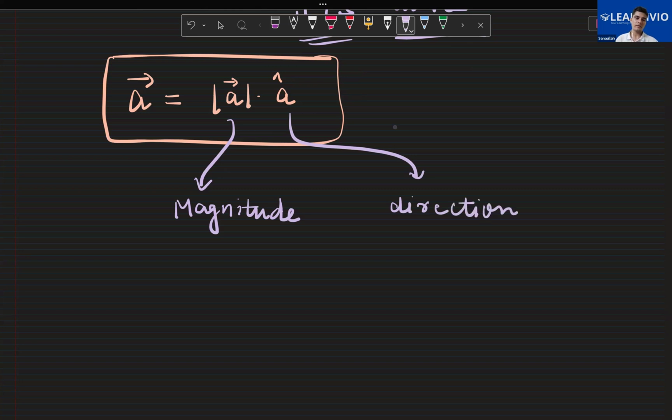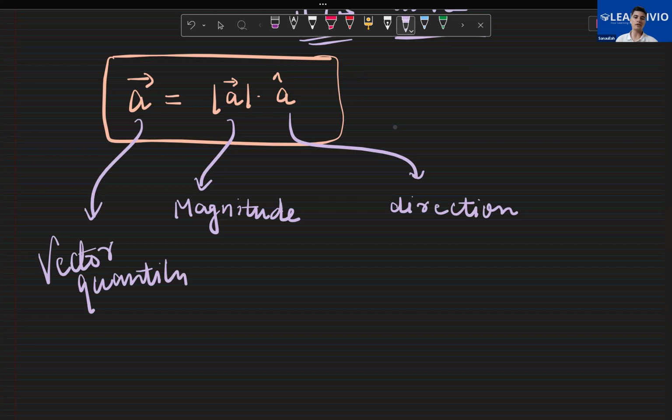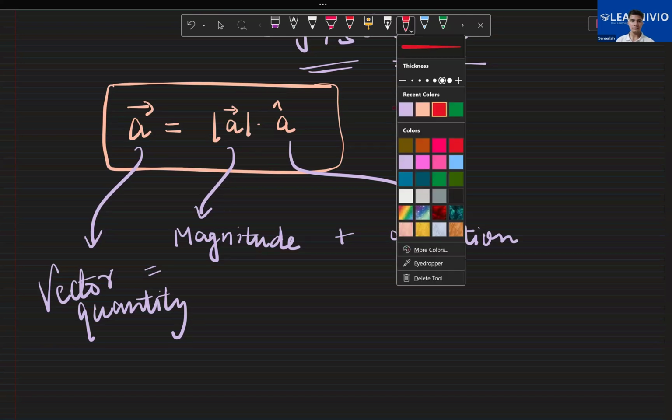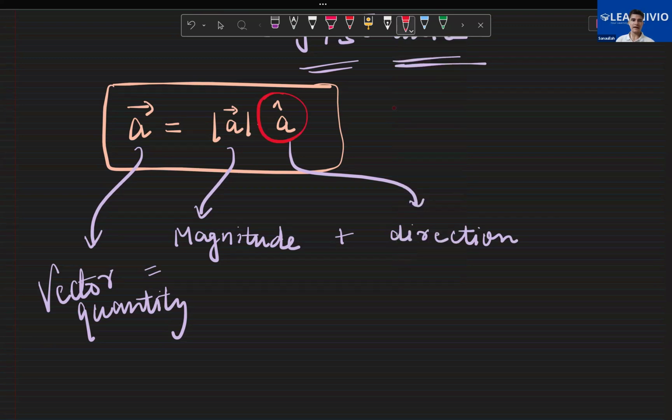So we know this is my vector quantity, and we also know that a vector quantity is made up of magnitude as well as direction. So this is an important formula. Whenever I ask you to find the direction of any vector, you have to find this A cap. This is basically the direction.